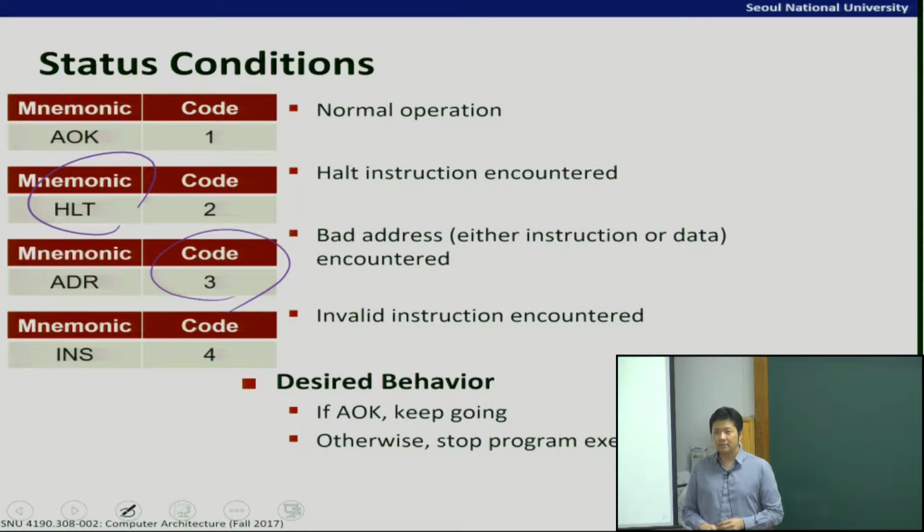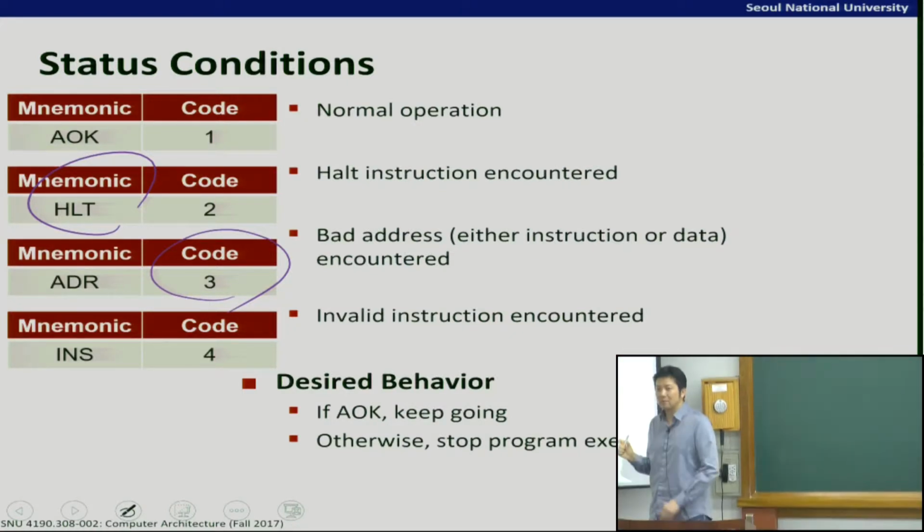And in case of data, for a load and store instruction, like a move instruction, IR move, RM move, or MR move, when you access memory, that address may be ill-defined, meaning it may be out of range, or some bad thing. Anyway, a bad address can happen for both instruction and data. And whenever you hit upon this bad address, the status becomes 3.